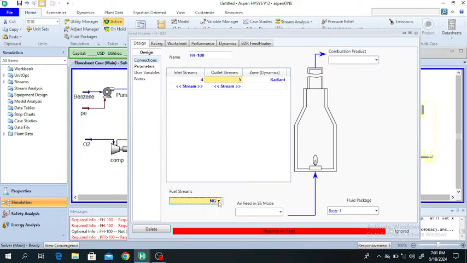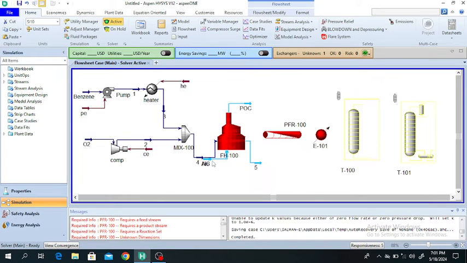The natural gas is burning in the presence of air inside the fired heater to produce the product of combustion, which consists of carbon dioxide, carbon monoxide, and other gases. Okay, now it shows non-zero composition is required, so we should define the air and natural gas streams. So close this one, and here is the natural gas and air stream.